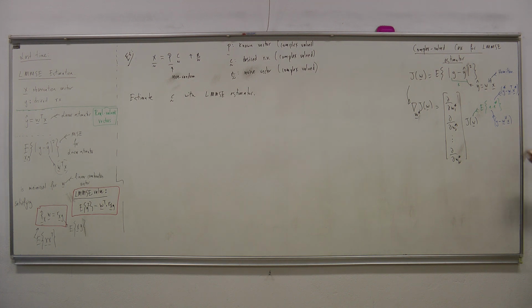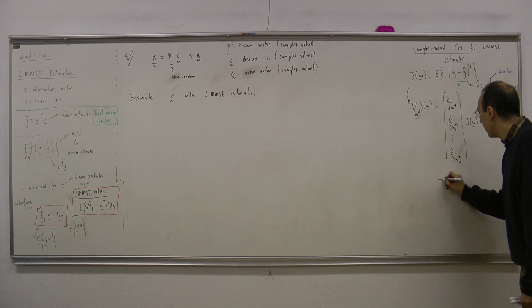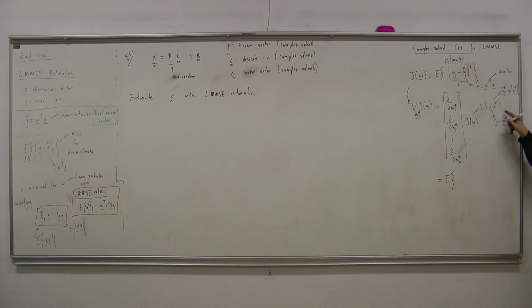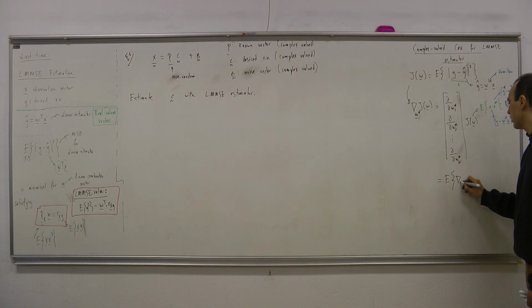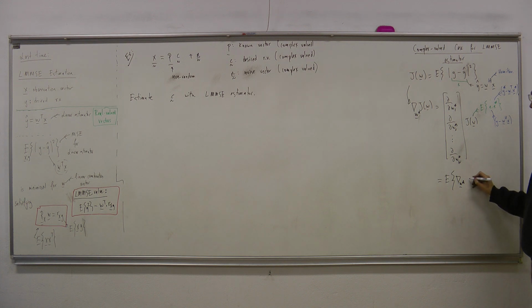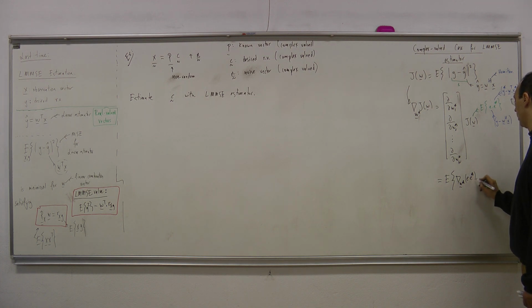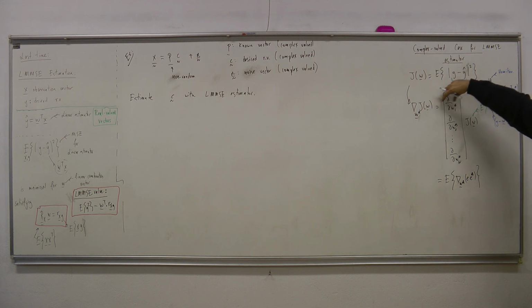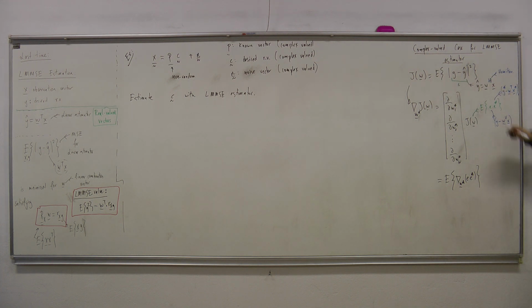If I do this calculation, I get the expected value of the gradient vector with respect to the conjugate variables of E conjugate. Nothing new; the only thing is that this gradient is now moved inside the expectation.